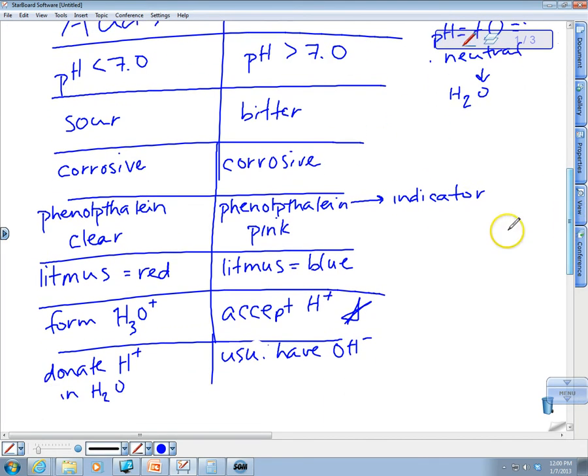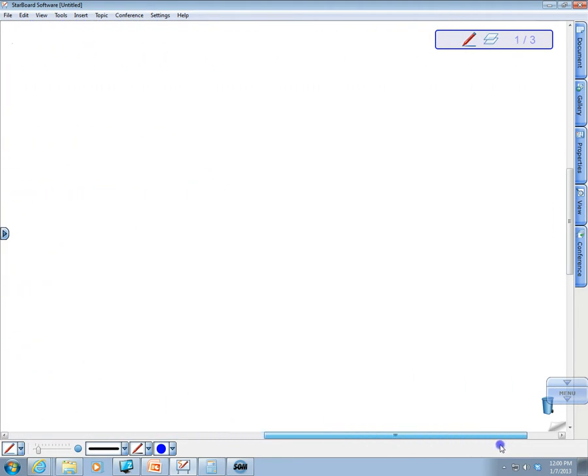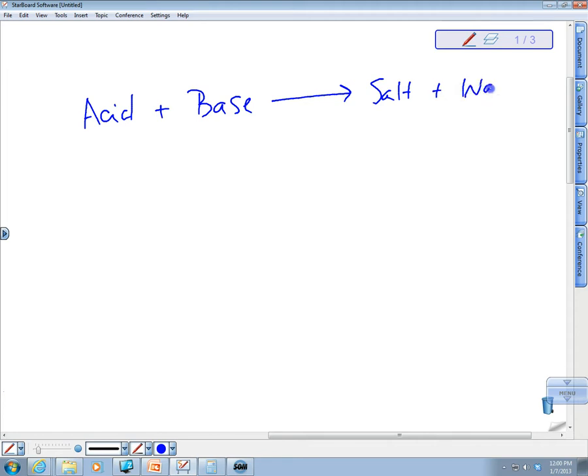So let's look at neutralization reactions. Let's look at a couple examples. We've already said that a neutralization reaction happens when you have an acid plus a base, and then you end up with a salt and water. So let's look at an example.